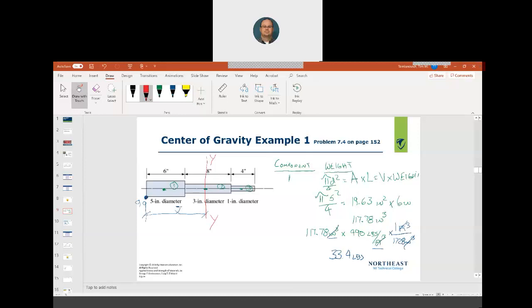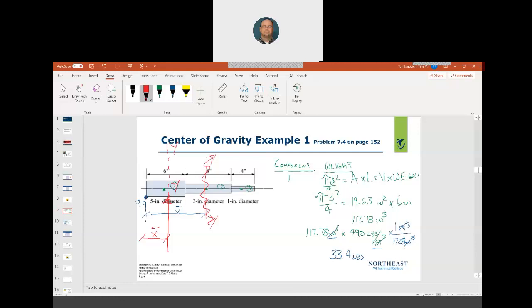So this is 6. That's where I'd put my finger, and that will be my y centroidal axis. So that's the distance in the x direction of where I need to put my finger, and I will be able to balance that. It kind of makes sense, right?